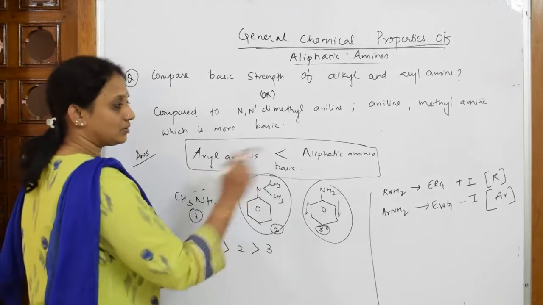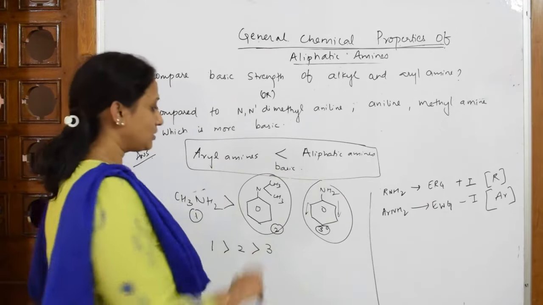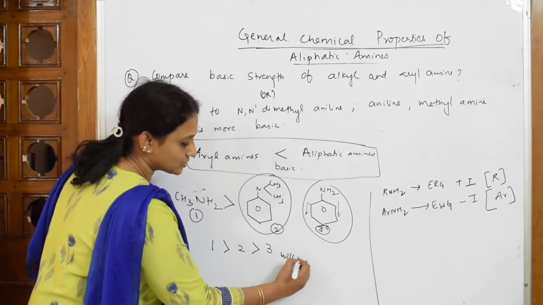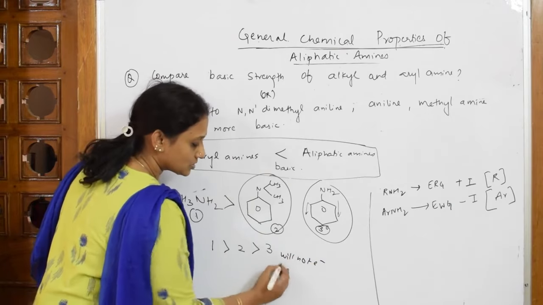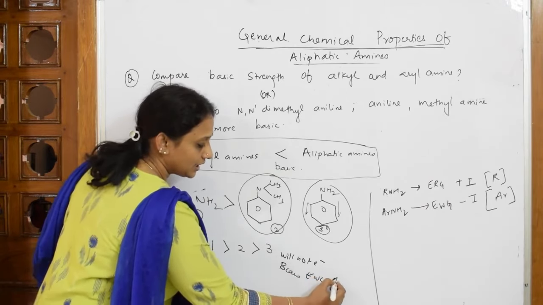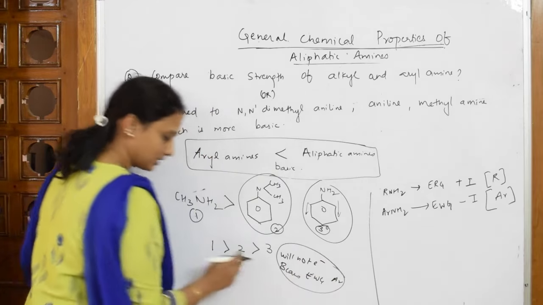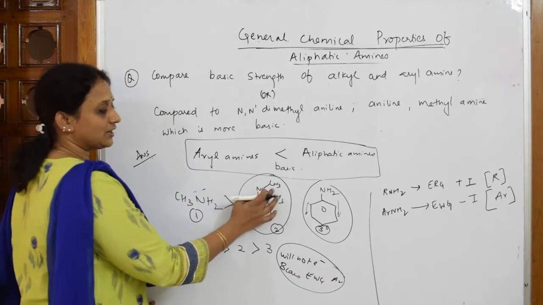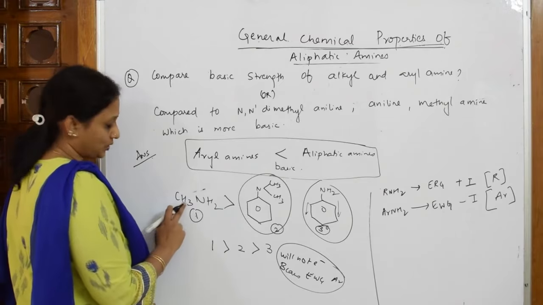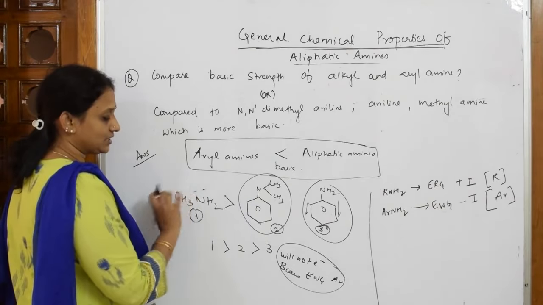So when I have to compare all the three, let us come to a conclusion now. Directly attached, so will not release electrons because of minus I, electron withdrawing Ar group. This will release compared to this because you have two electron releasing groups, but here you have methyl group, no benzene ring, it is completely releasing electrons.